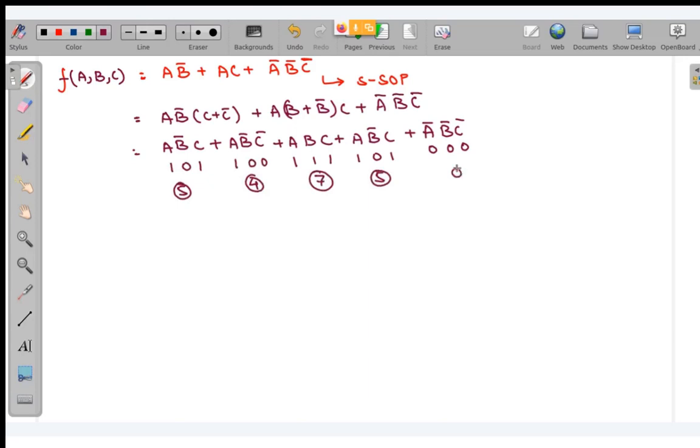So either I can write f as summation of minterms in ascending order: 0, 4, 5, 7, or I can write it as m0 plus m4 plus m5 plus m7. How many of you got this one?